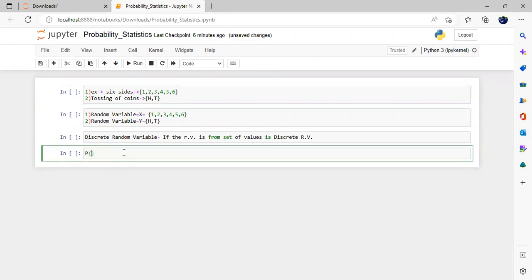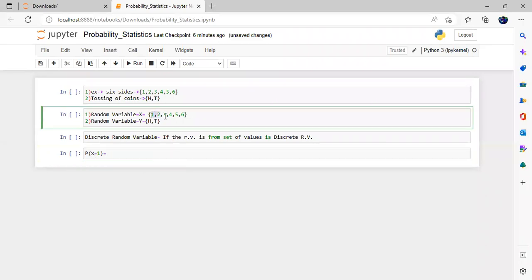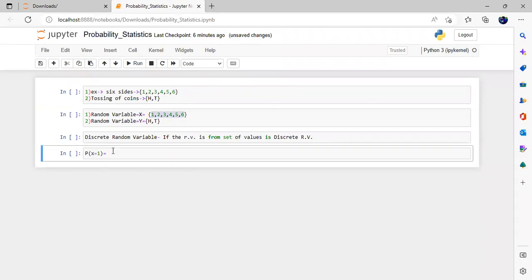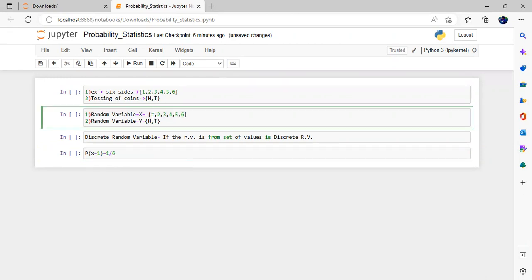If we want the probability of x equals 1 from this set, it will be 1 by 6, because from 6 outputs, 1 comes 1 by 6 times.